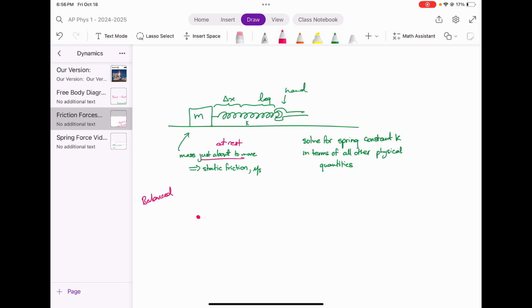I know that the surface is pushing up on the mass with some normal force. I also know that the force of gravity is pulling it down, and those should be equal and opposite because we have a balanced diagram. We already figured that out. I know that there's a spring attached on the right side, so there's some kind of spring force pulling to the right.